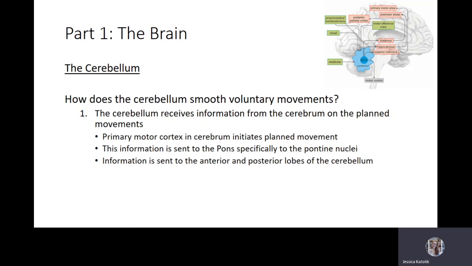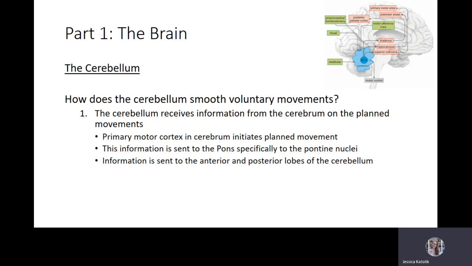The first part is that the cerebellum is going to receive information from the cerebrum about the planned movement. So the primary motor cortex of the cerebrum is going to initiate the motion, and it's going to say to the cerebellum, hey, this is specifically what I want to do, and let's figure it out.